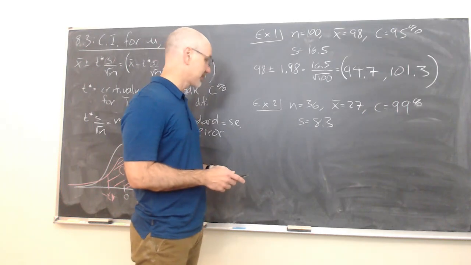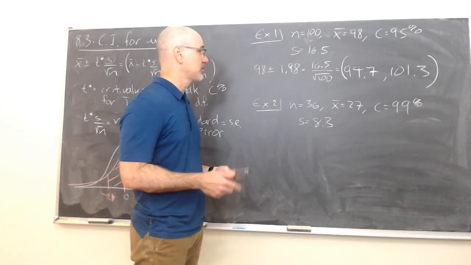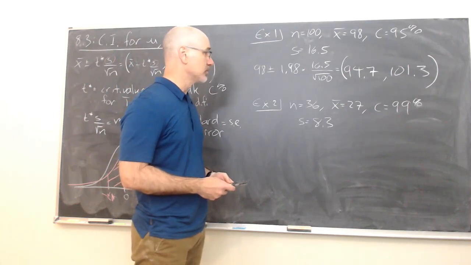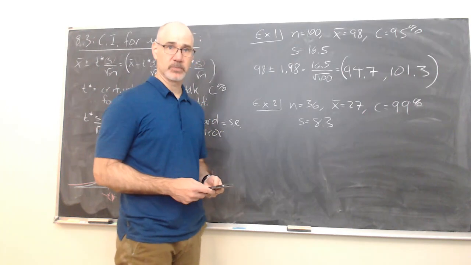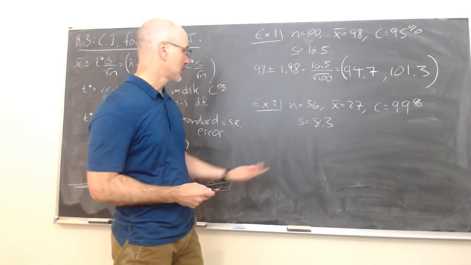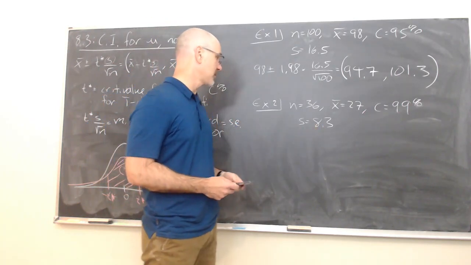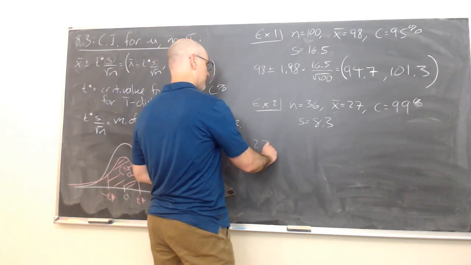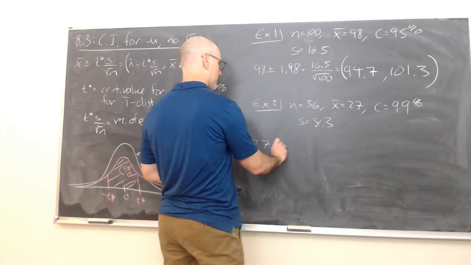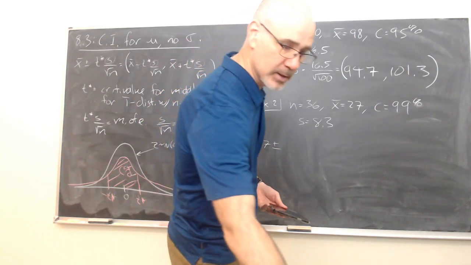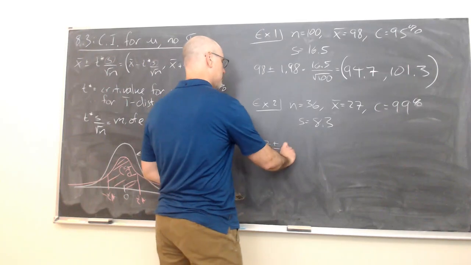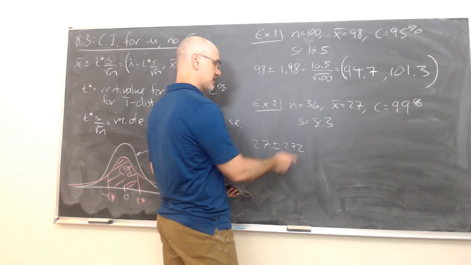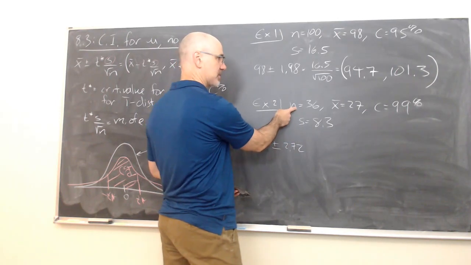Okay, example 2 continues the shelter dog example, only this time we want to find a confidence interval for the mean weight where we don't know the standard deviation of the weight. So instead of sigma, we'll use the given sample standard deviation of 8.3. Our confidence interval would be 27, that's x bar, plus or minus the t star, which was 2.72 from StatCrunch. That was for the middle 99% of a t distribution with 35 degrees of freedom.